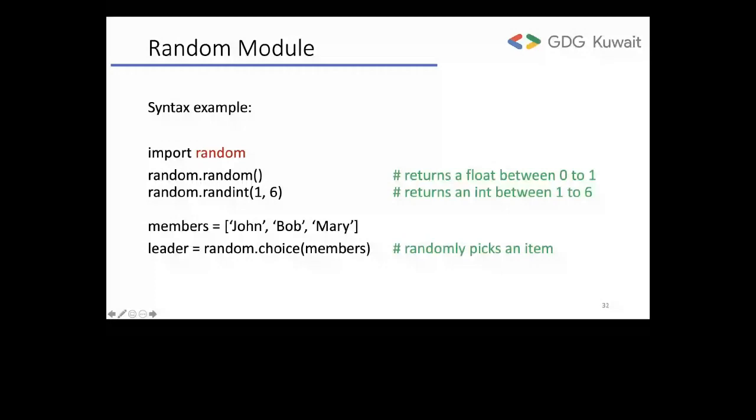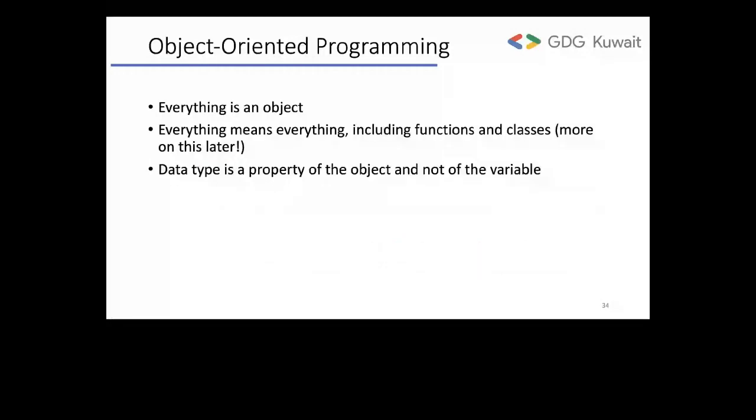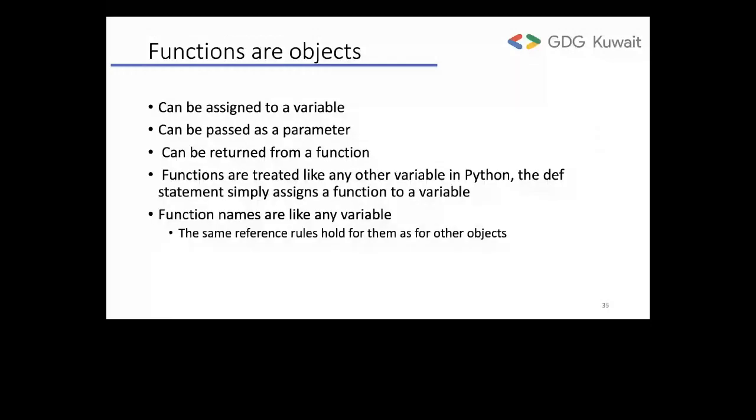So when we say x equals 5, the 5 is a property of the object and not of the variable. Okay, functions are objects. So they can be assigned to a variable. They can be returned from a function. Functions are treated like any other variable in Python, and we will see in a short time now.